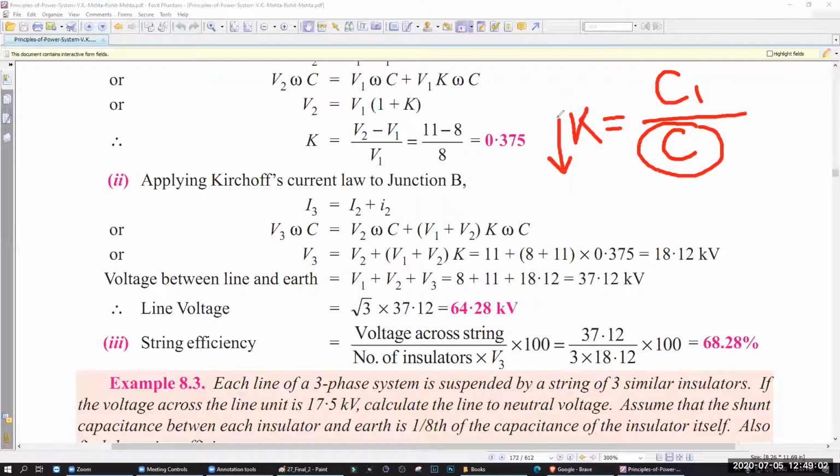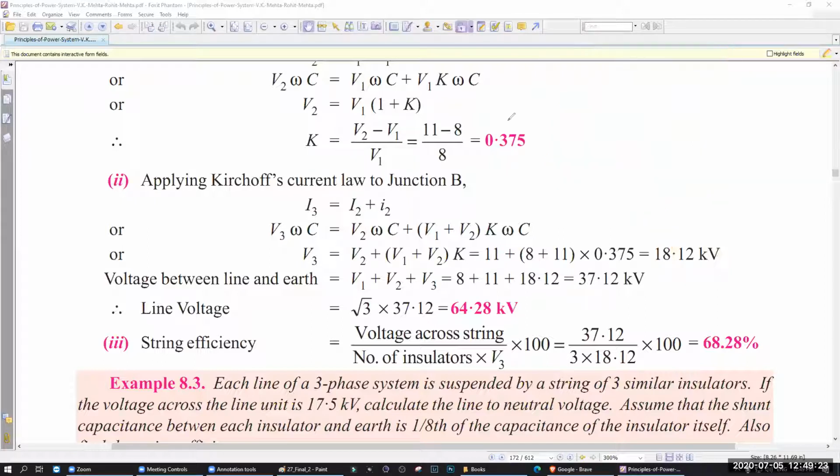This one should be smaller. So how to make it smaller? You make the C1 smaller. If you make the value of C1 smaller, your value of K will be smaller and your efficiency will be bigger. Okay, you got the point.